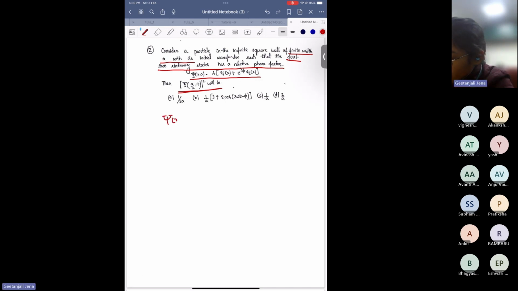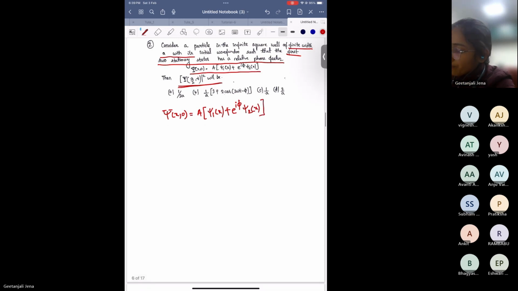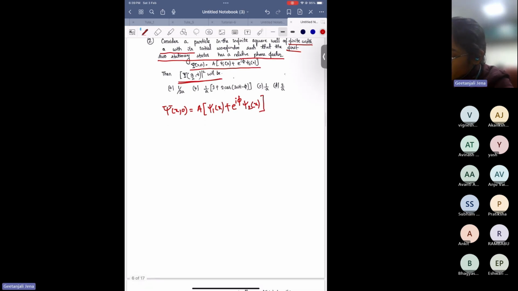Given psi of x, 0 equal to a psi 1 x plus e to power i phi psi 2 x. Now it is asking about what is the value of psi of a by 2, t square. What is this value?